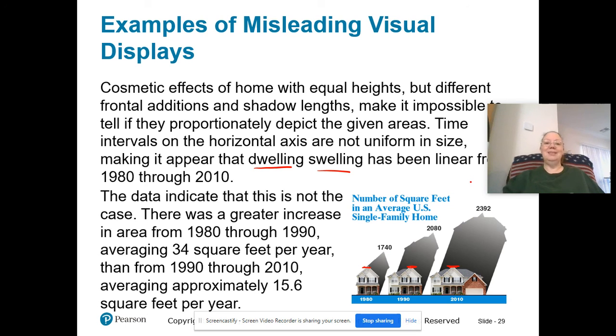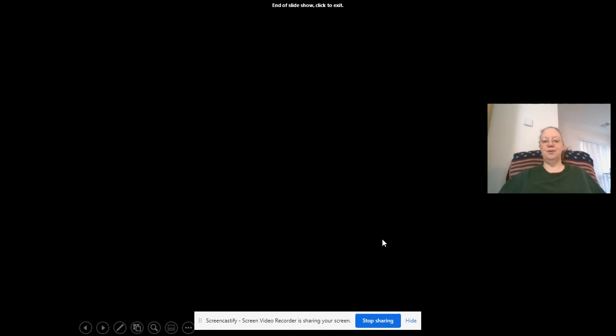So yeah, this is very deceptive. They're trying to make it look like it grew really, really rapidly when in fact the growth actually slowed down quite a bit between 1990 and 2010. All right, there you go.